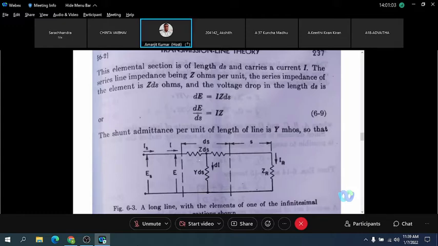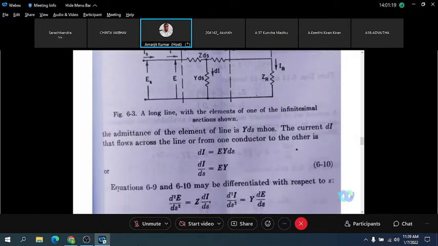Okay, similarly the shunt admittance per unit length of the transmission line is Y. So for the ds length, what will be the shunt admittance? Y into ds. So what will be the small current dI for the elemental section ds, the current that flows across the line?